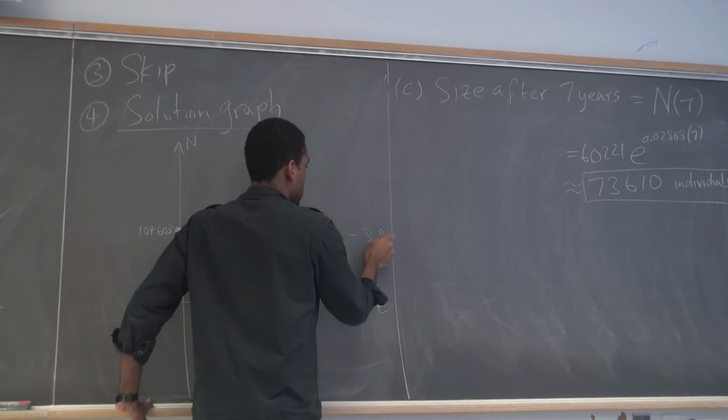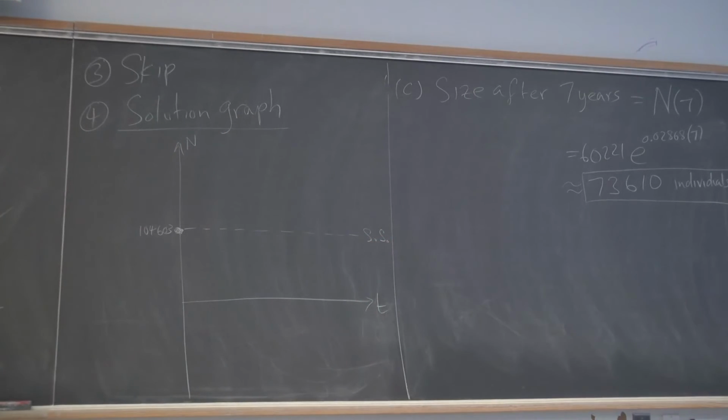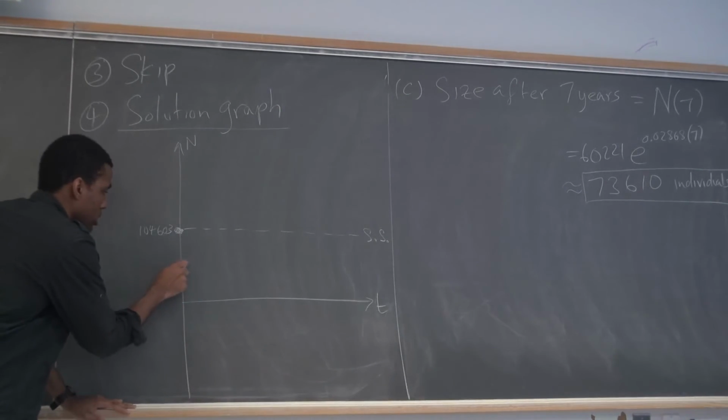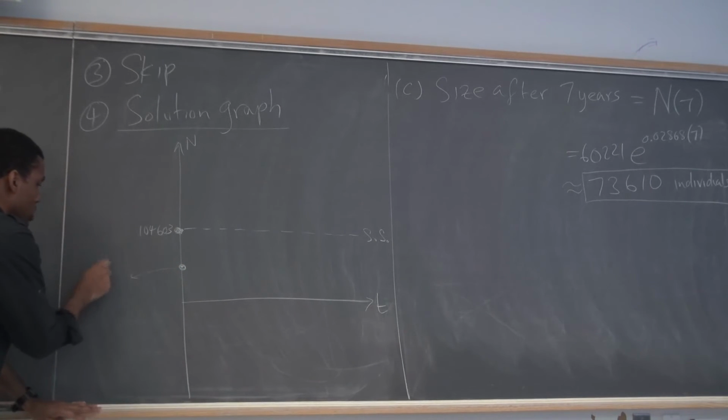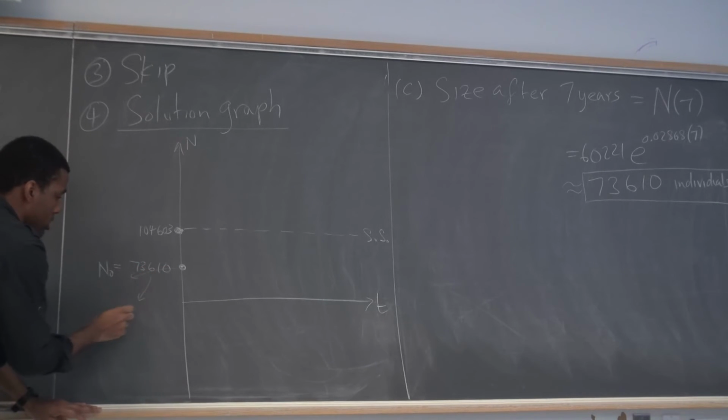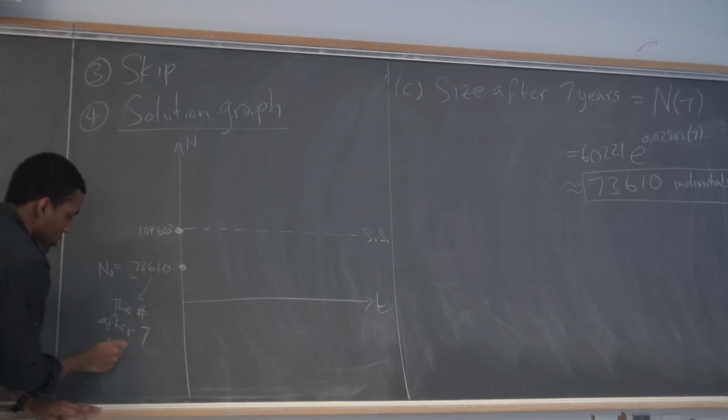This is the steady state. All right, so what is the initial point here? We know after 7 years that's their initial, right? The initial is 73,610, right? This is the number after 7 years.